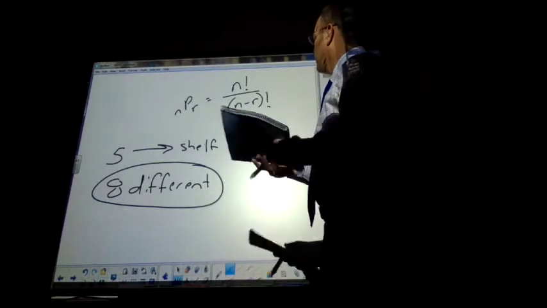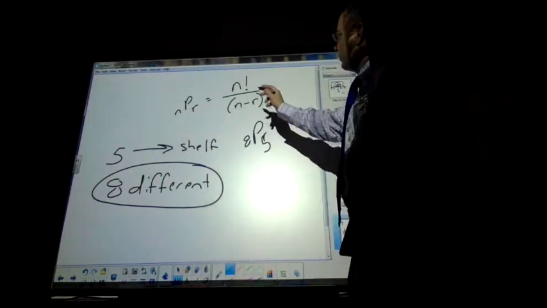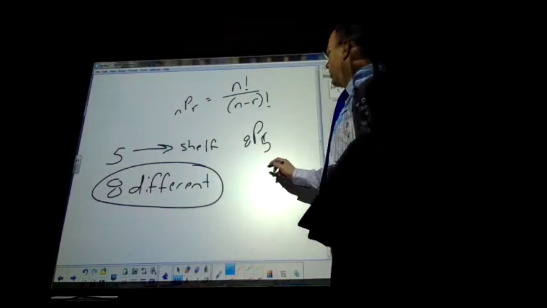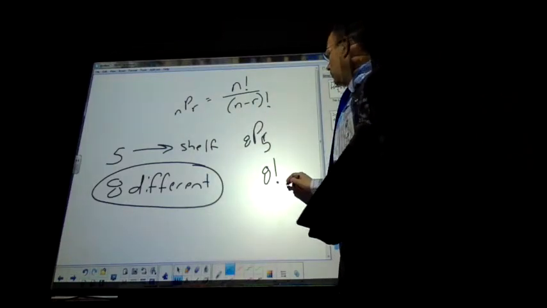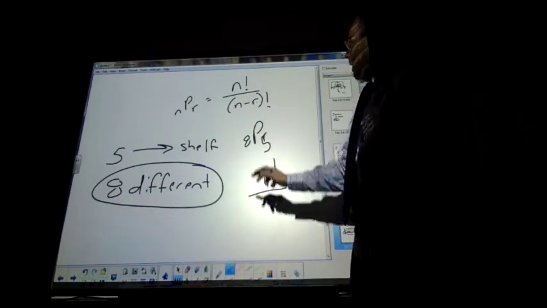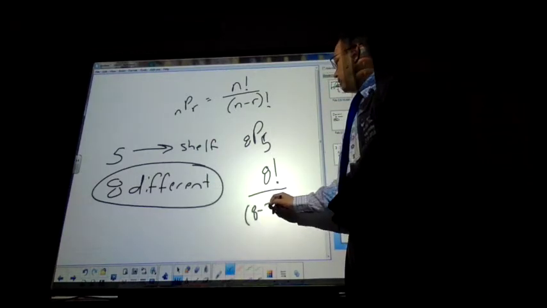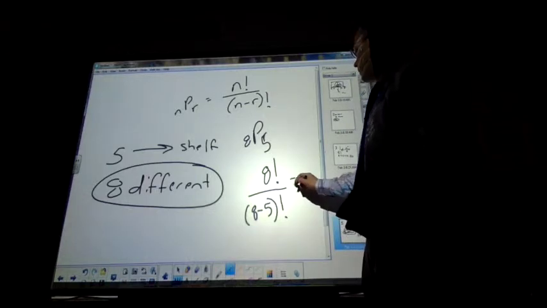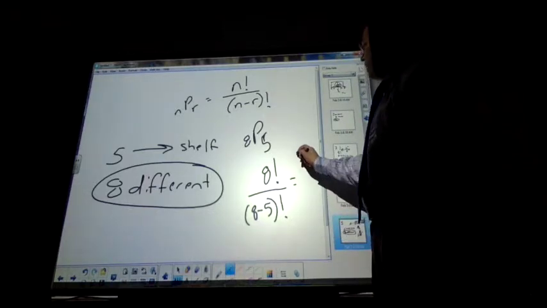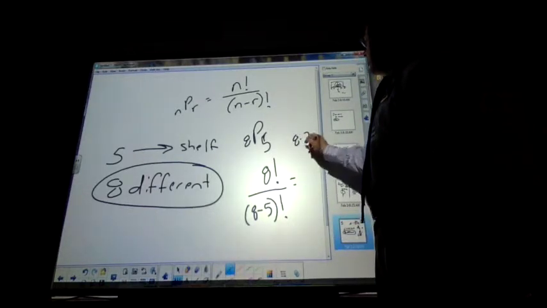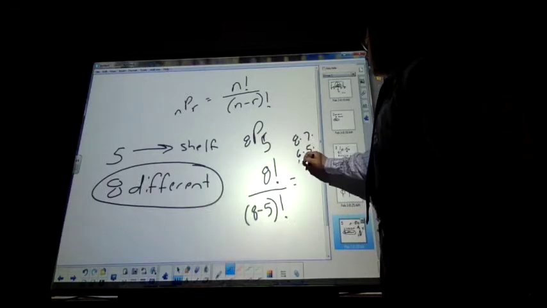So 8P5, which is then going to be, let's follow this along. The n is first, so I have 8 factorial over n minus r, so 8 minus 5 factorial. So 8 factorial is 8 times 7 times 6 times 5 times 4, 3, 2 times 1, right?